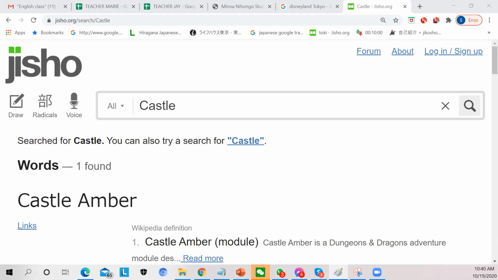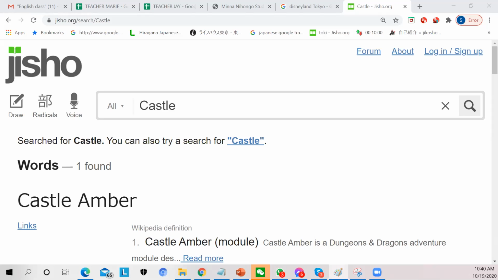What kind of castle is this? Are you familiar with this? What castle is this? This is where you can see Mickey Mouse, Snow White, Elsa.